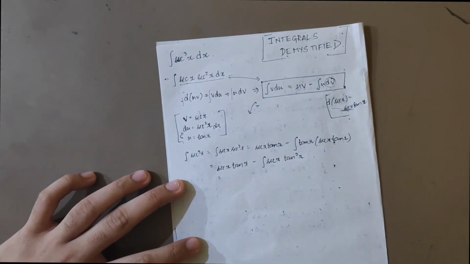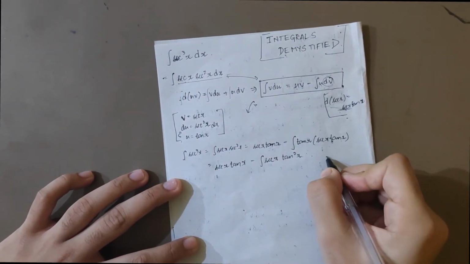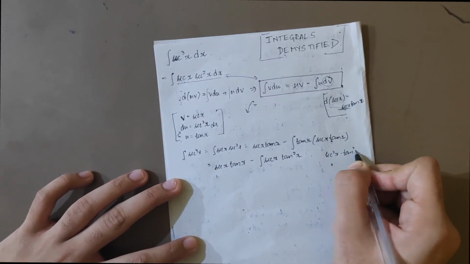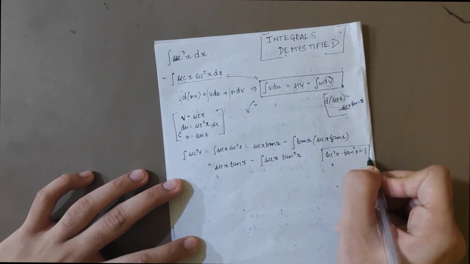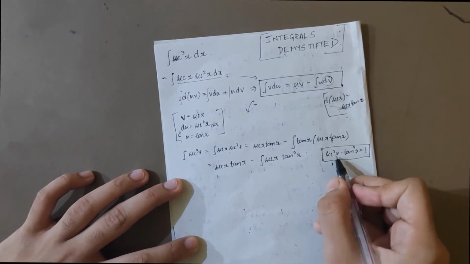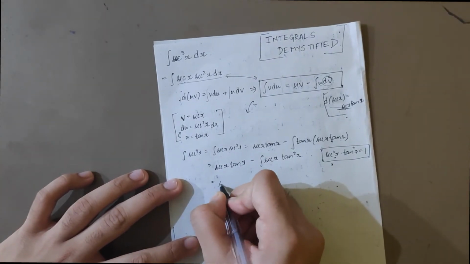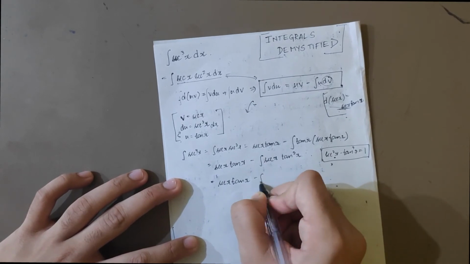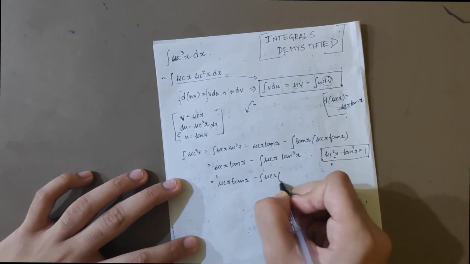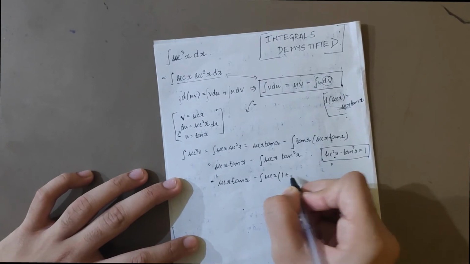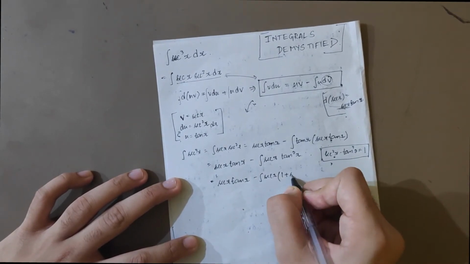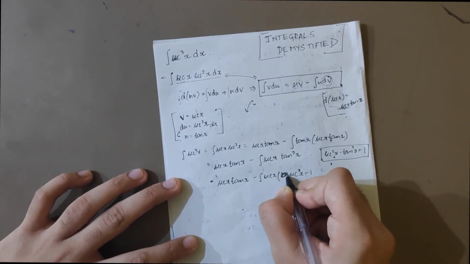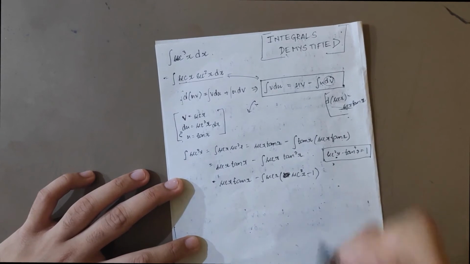Okay, where are we going now? Again, we can use the relation that secant squared x minus tan squared x equals 1. Very useful relation. If you have it at your fingertips, all your integrals are done. Let's try this relation. This gives us secant x tan x minus integral secant x into, this becomes secant squared x minus 1, right, dx.